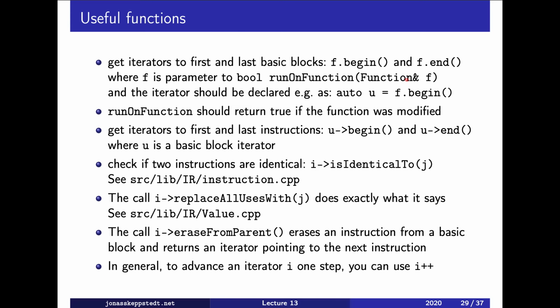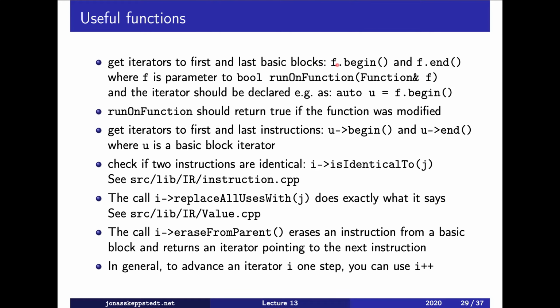If we optimize at the function level, we use a function called runOnFunction, which is declared like this. And it returns a boolean, and if the optimized function is modified, then it should return true, otherwise false.